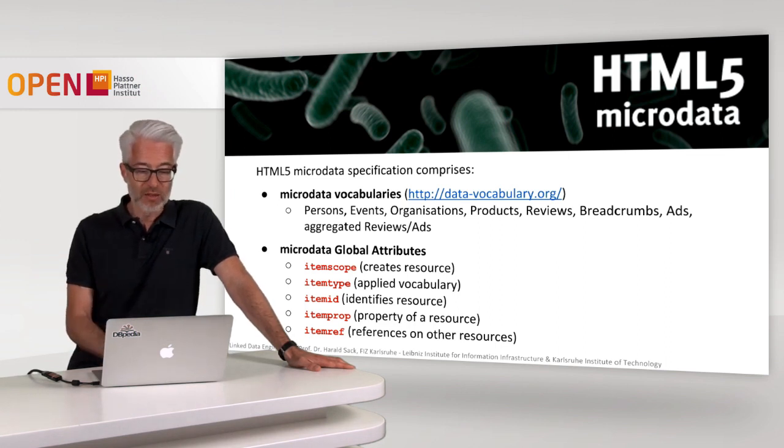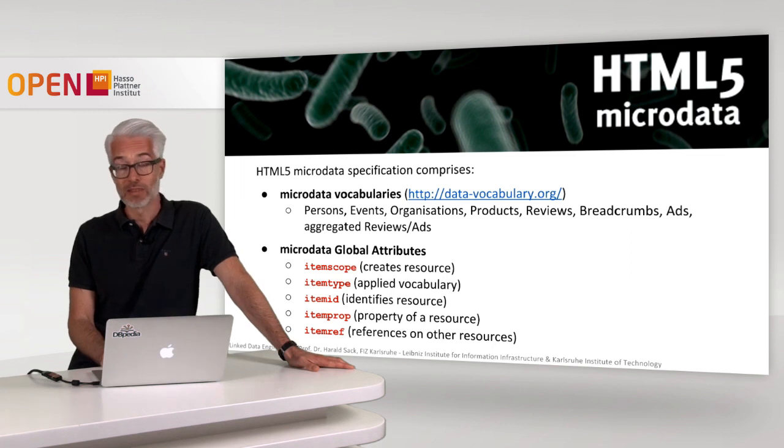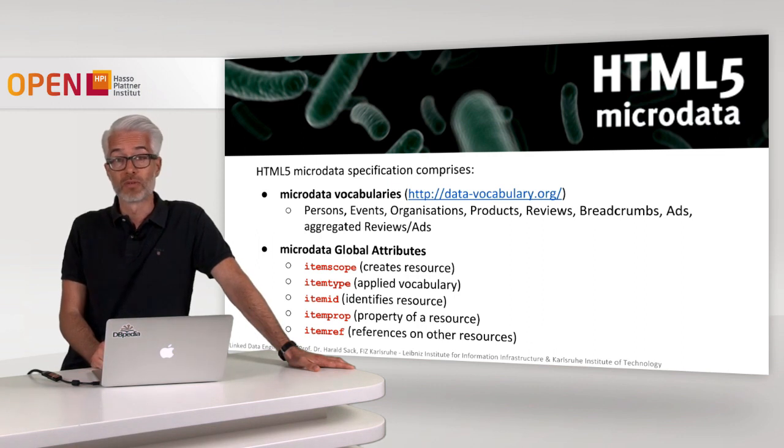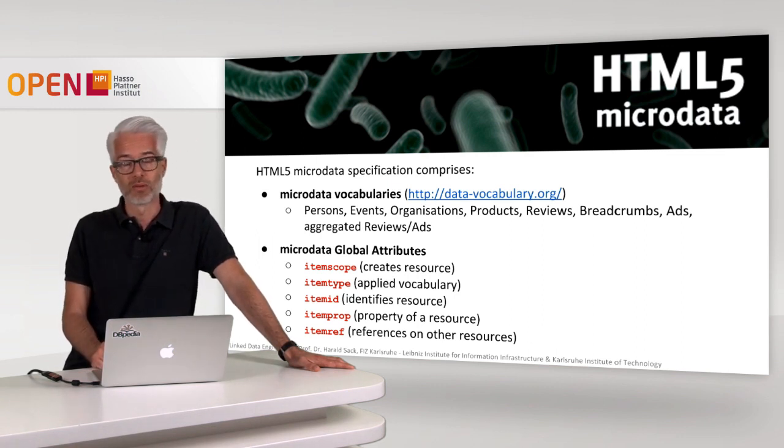So we have itemscope to create a resource. We have itemtype to say what kind of vocabulary is applied. We have itemid to identify resources. We have itemprop for properties. And we have itemref for references to other resources. And there is lots of microdata vocabularies for persons, for events, for organizations, products, reviews, and so on and so on.